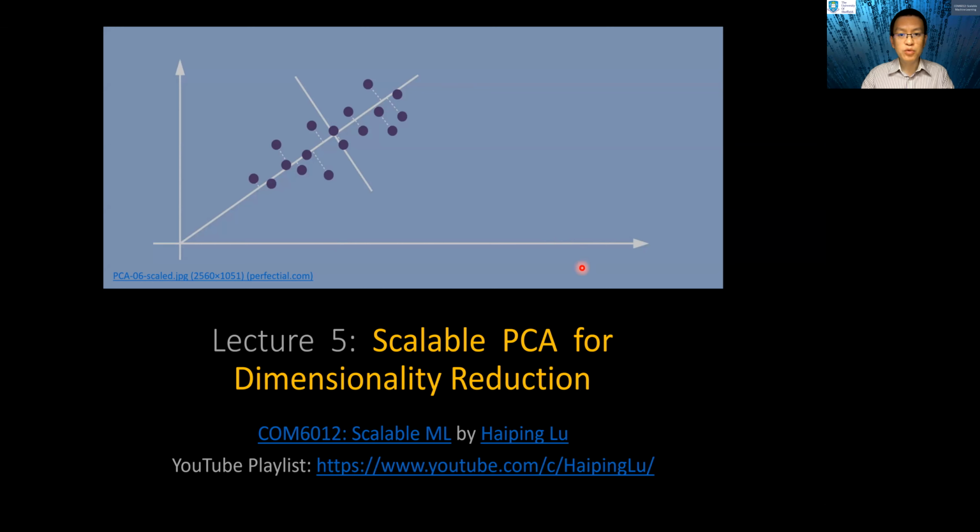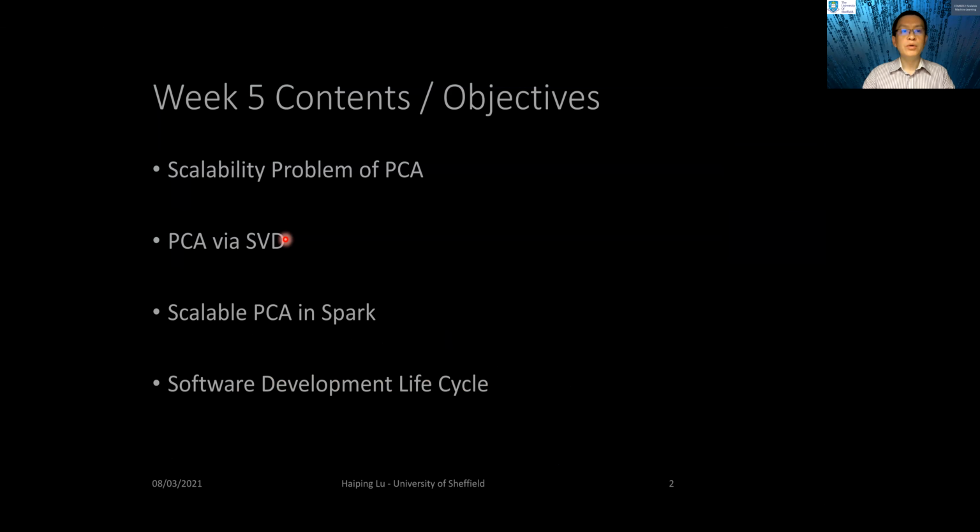And this week, we are going to study Scalable Machine Learning for Dimensionality Reduction. We will start with a recap of PCA and discuss the scalability problem, and then we move on to an alternative solution to PCA using singular value decomposition.